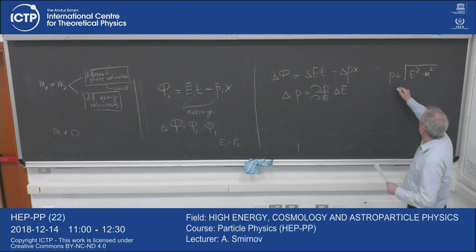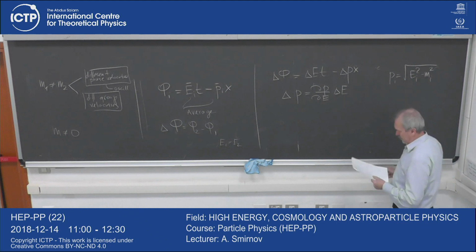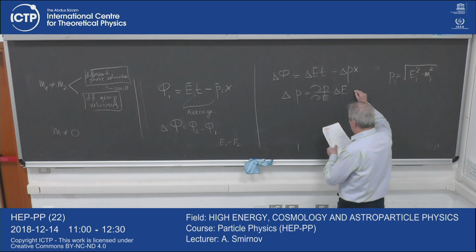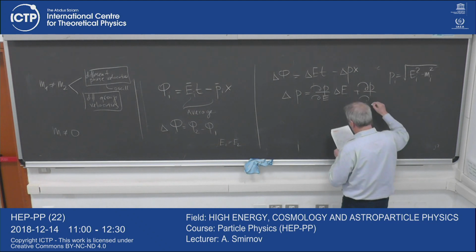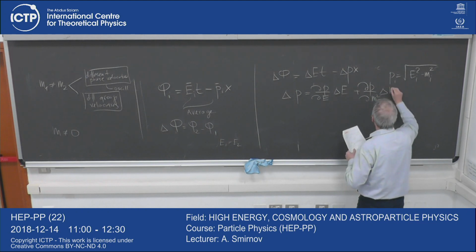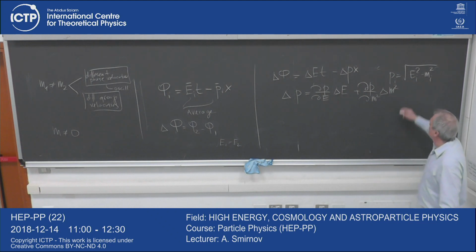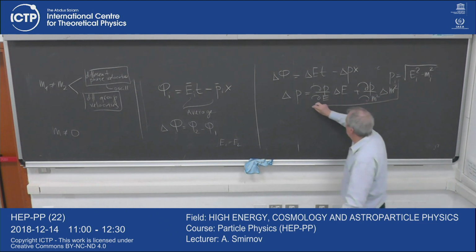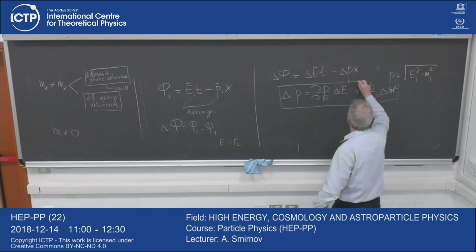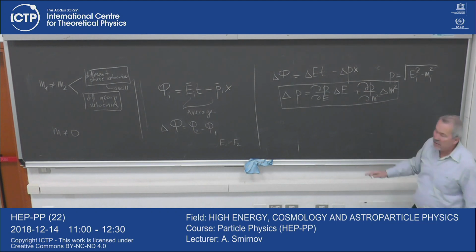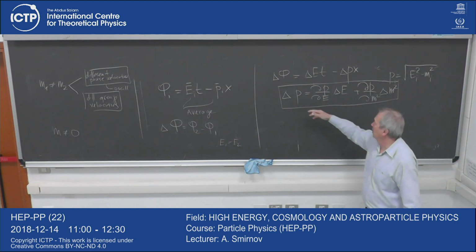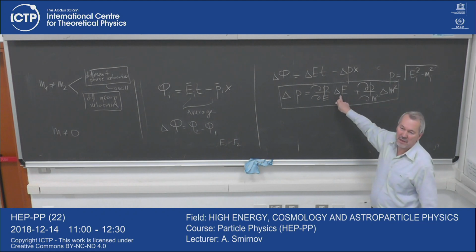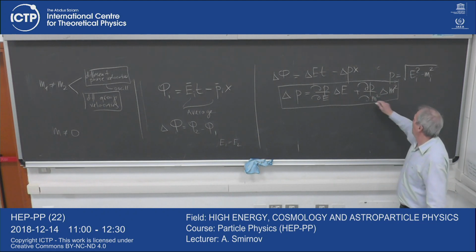Plus the derivative of P with respect to mass squared multiplied by delta m squared. So let me see if you agree with this. Since P is a function of energy and mass, in general the difference of momenta equals this derivative times delta E plus this derivative times delta m squared.